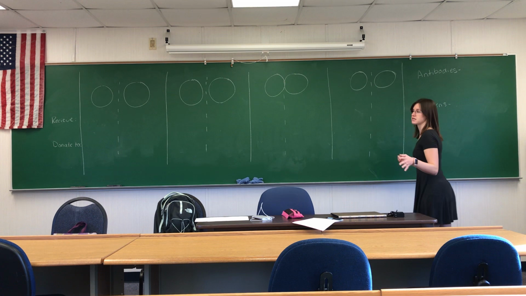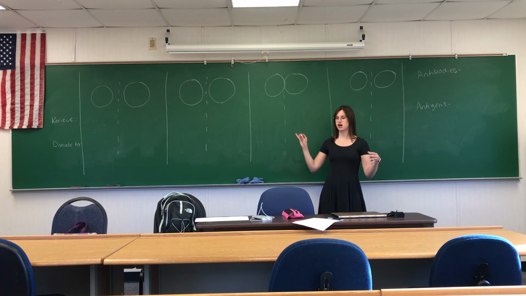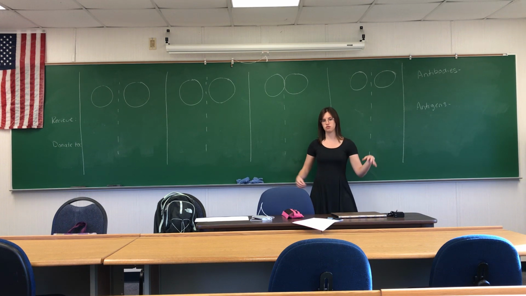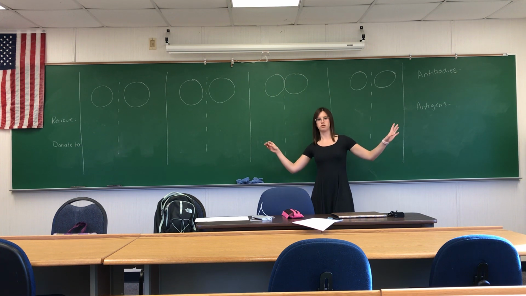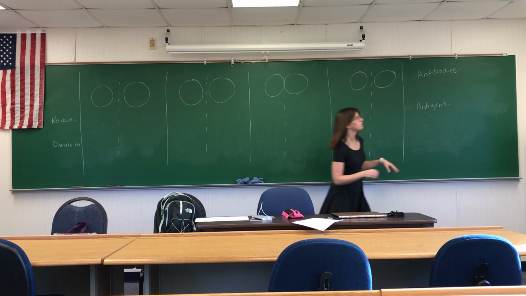So the way I like to think about it is an antibody is a protein that is on a cell that belongs to my body. So my antibodies belong in my body. My body's not going to attack them. It's not going to think that they're foreign, because otherwise it would be attacking me, and that's a whole different ball of wax that we won't go into. So antibodies belong to me.